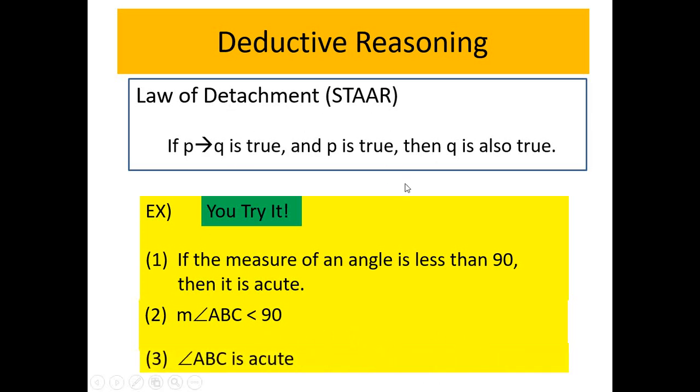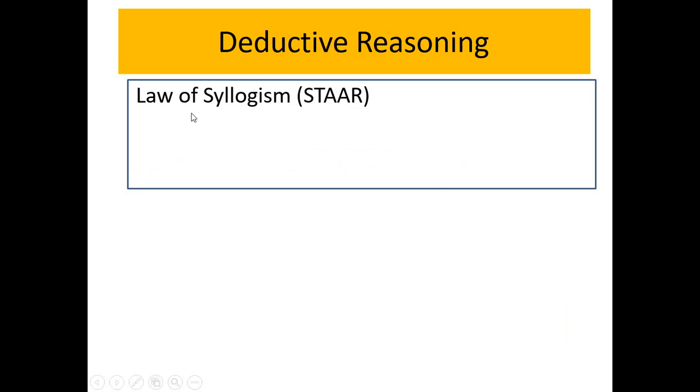So that's detachment. Okay, syllogism is like a transitive statement. Okay, and I'll talk about transitive later. If the first part is equal to the second part, and the second part is equal to the third part, then what's true about the first and third part? Well, don't they have to be equal? First equals second, second equals third.